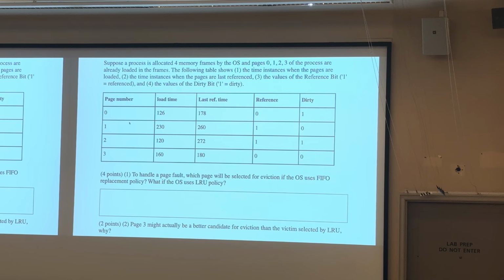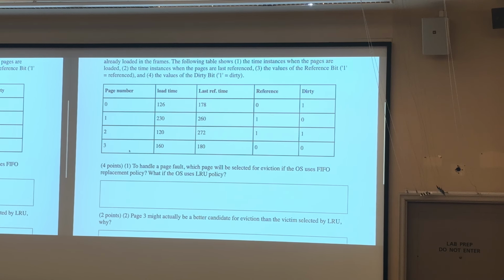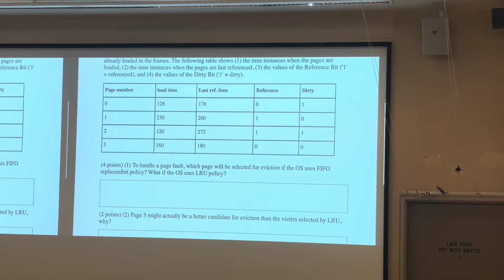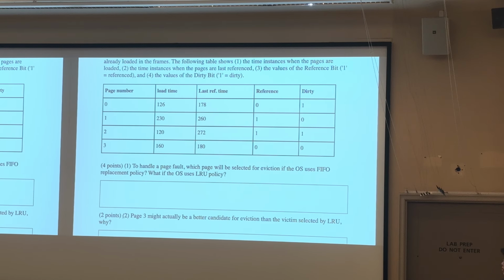Okay. All right, so now moving on. We'll discuss these bits, reference bits and dirty bits. The next question is why page 3 might actually be a better candidate for eviction than page 0, the one selected by LRU.